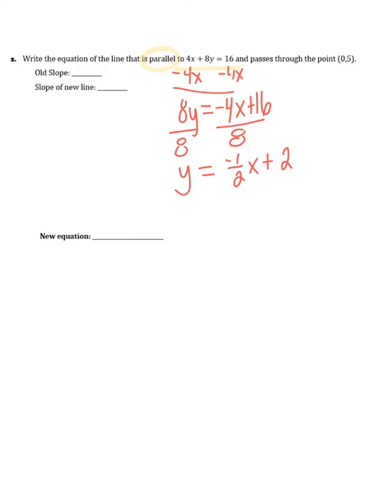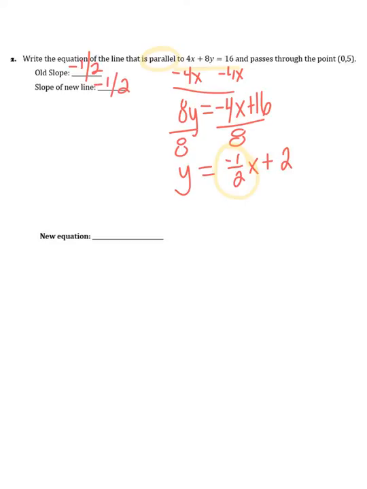Notice I divided both terms, the x term and my whole numbers, by 8. So this slope of negative 1/2 is what I'm going to use. I'm going to fill that in under the old slope, negative 1/2. And because we're dealing with parallel lines, the new slope is going to be the same, negative 1/2. Remember, parallel lines have the exact same slope.